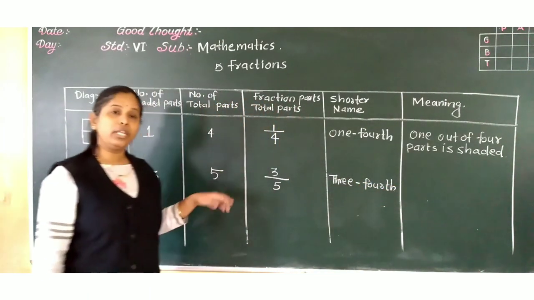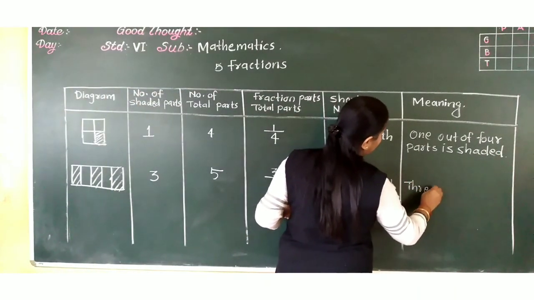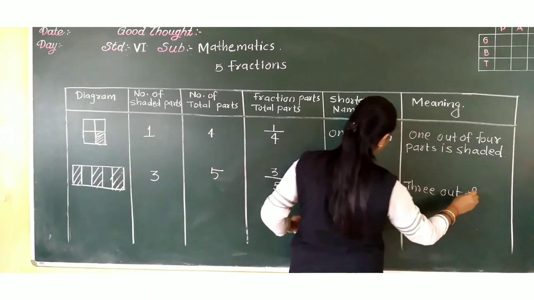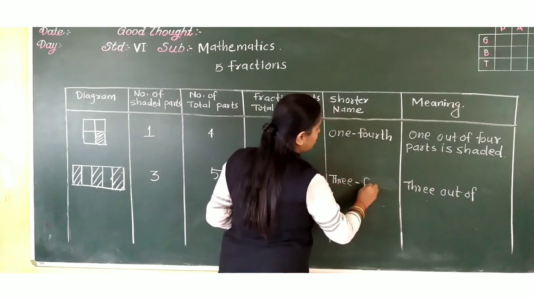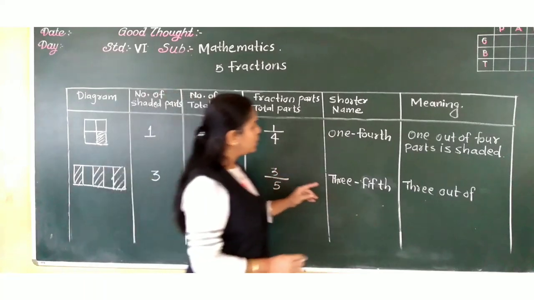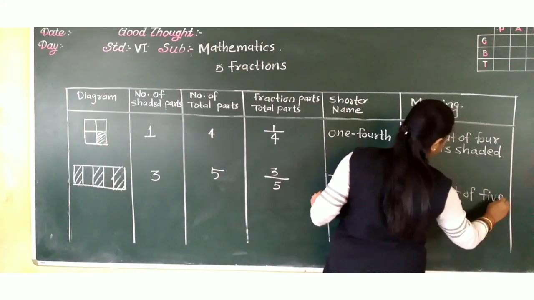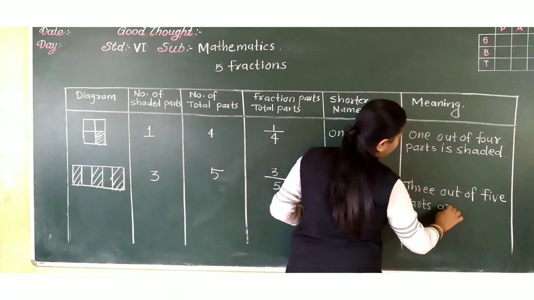And what is the meaning of it? 3 out of 5 parts are shaded, because 5 total parts are there.